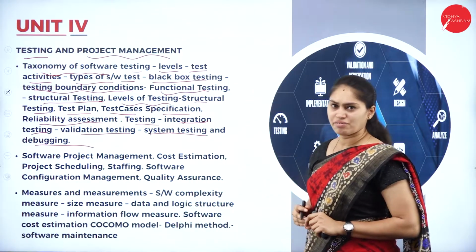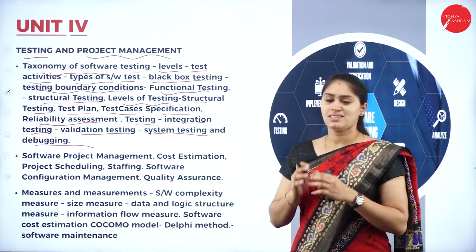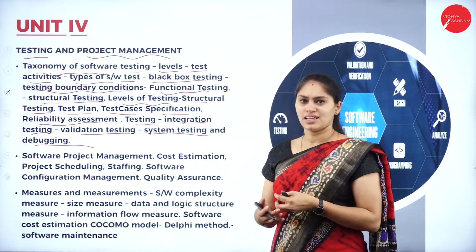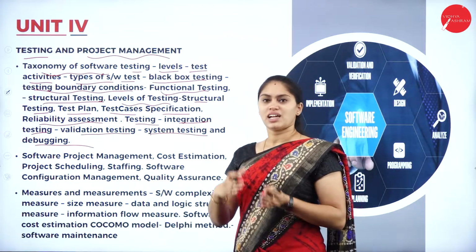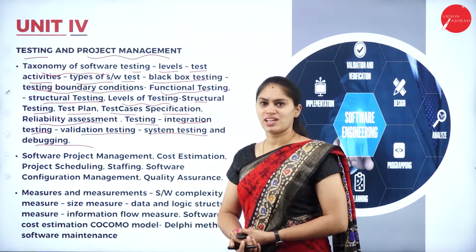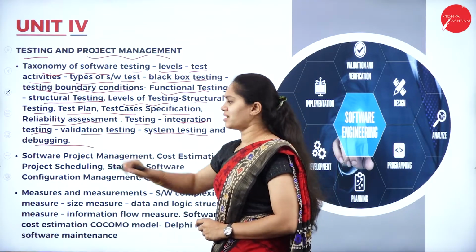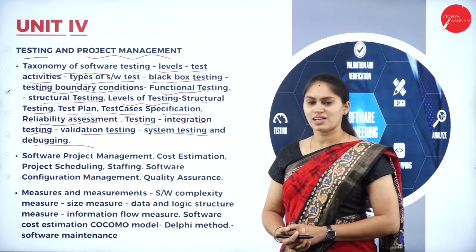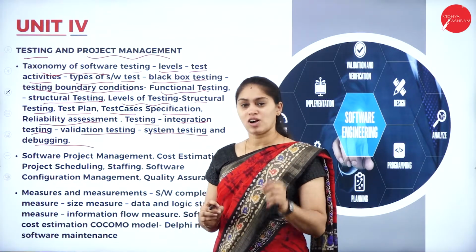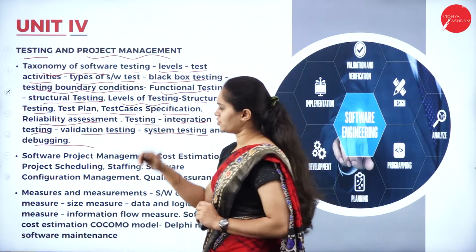We have different levels of testing, and each testing is going to minimize errors as much as possible, right? If there is an error in the software, it will be inconsistent. If it is inconsistent, then it will not reach the requirements of a customer. So we have to do the debugging, checking and correcting of all those errors present in the software process, which needs to be minimized or nullified. That is what is in the first half of unit 4.